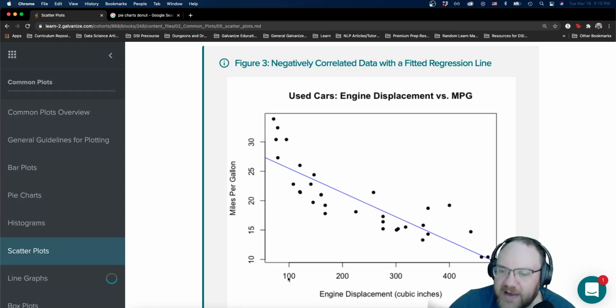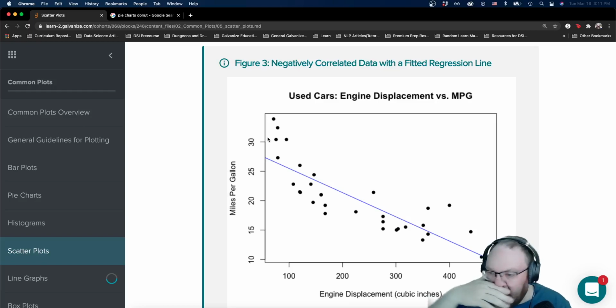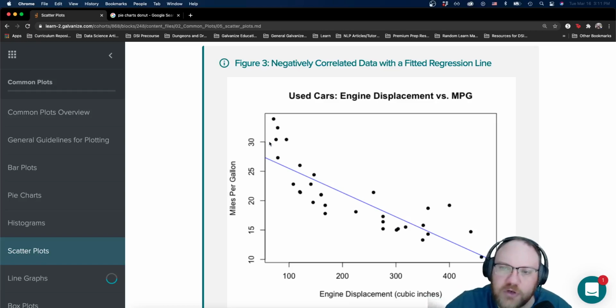As my x variable increases, my y variable decreases. Say I'm an engineer for a car manufacturer, and I want to achieve 30 miles per gallon. What size of engine in cubic inches am I likely to need to achieve that level of efficiency?